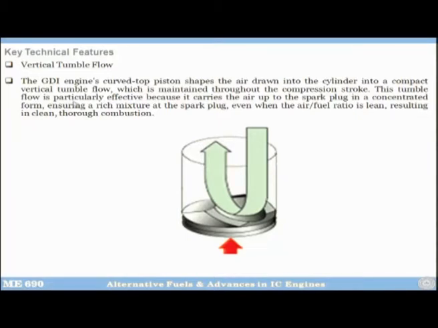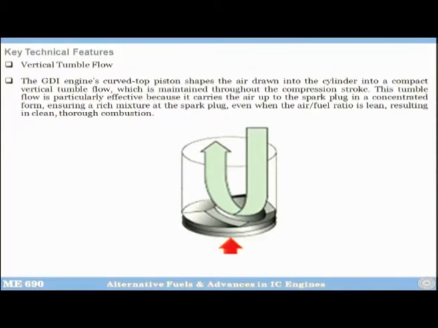Okay. This tumble flow is particularly effective because it carries air up to the spark plug in a concentrated form, and it also ensures rich mixtures at the spark plug, rich mixture which is rich enough to burn. If it is very lean, it is not going to burn. Okay. So, even when the overall air fuel mixture is lean, close to the spark plug, it is going to be rich mixture. Okay.